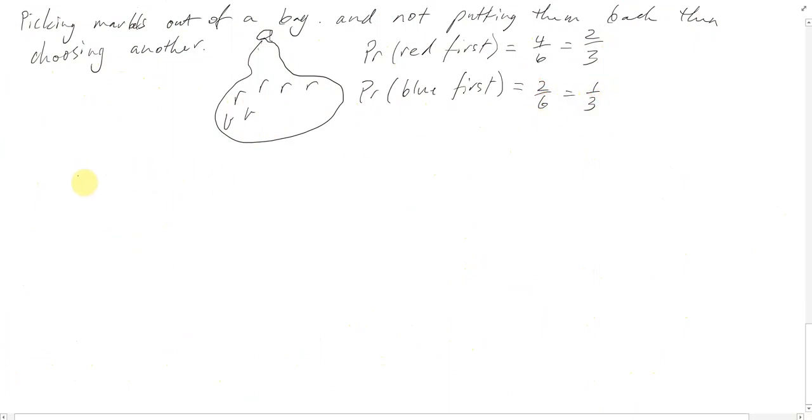Okay, so let's set up our tree diagram. We could either get a red first, or we could get a blue first. We get a red first with a probability of 2/3, and a blue first with a probability of 1/3. Then we're going to choose the second one. On our second chance, we could get a red or a blue.